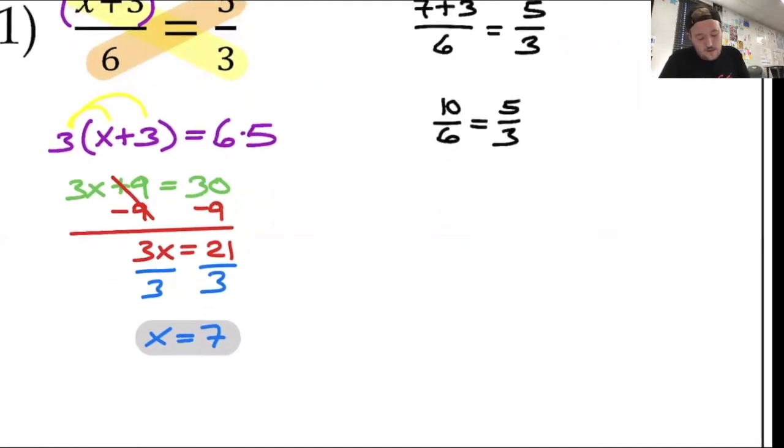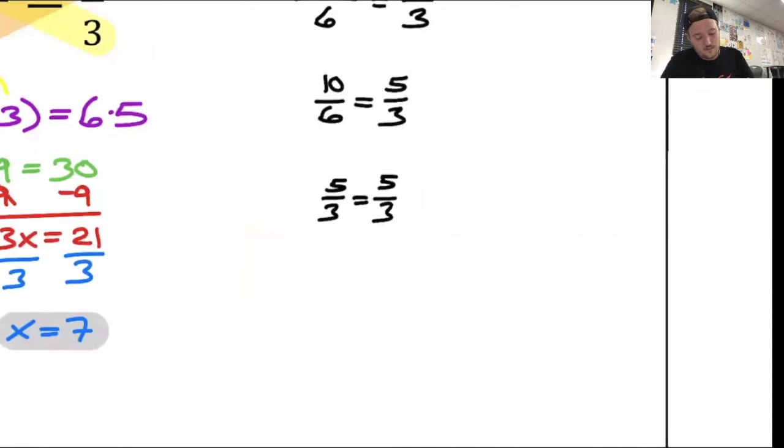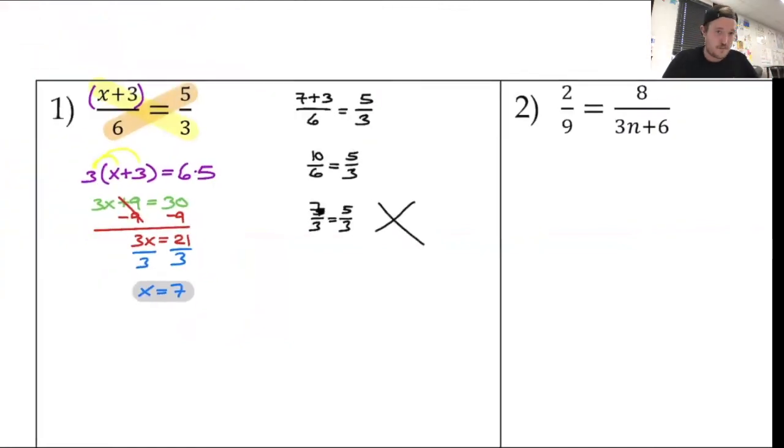So 10 divided by 2 gives you 5, 6 divided by 2 gives you 3. And 5 over 3 equals 5 over 3. That is a true statement, so it works. Now, if you get, say, 7 over 3 equals 5 over 3, that is false, which means you would have to go back and check something. You might have messed up your distribution. You may have missed a negative somewhere. It happens. So just be aware.